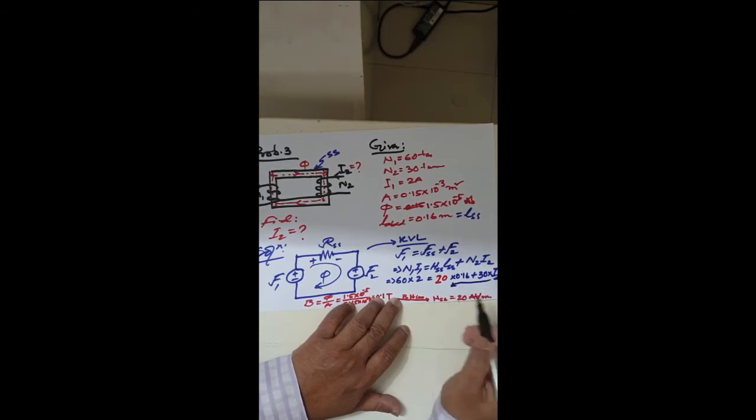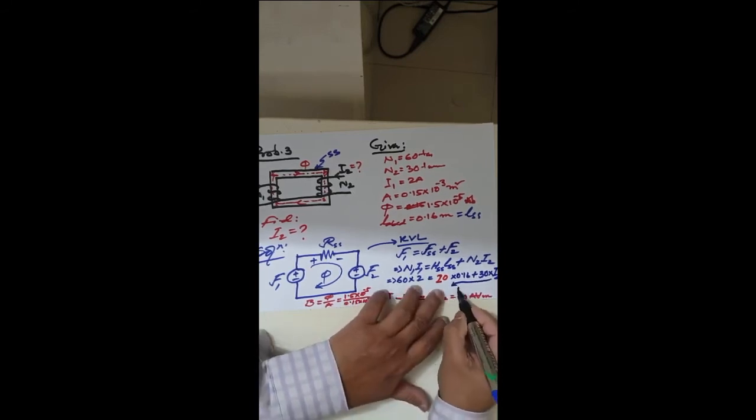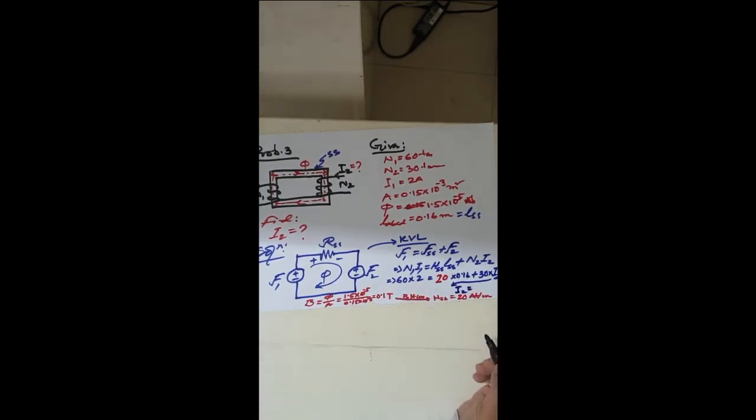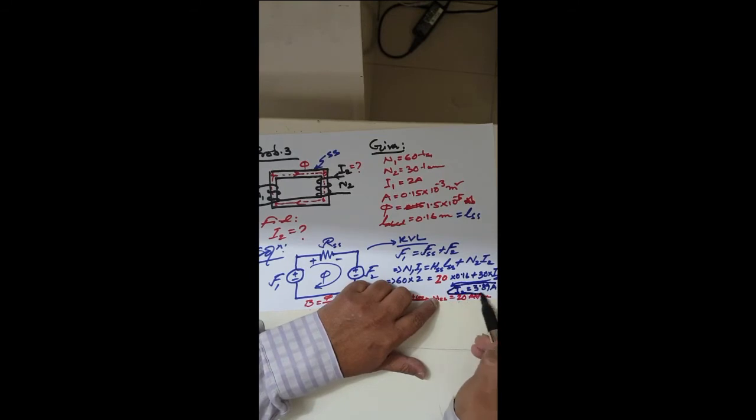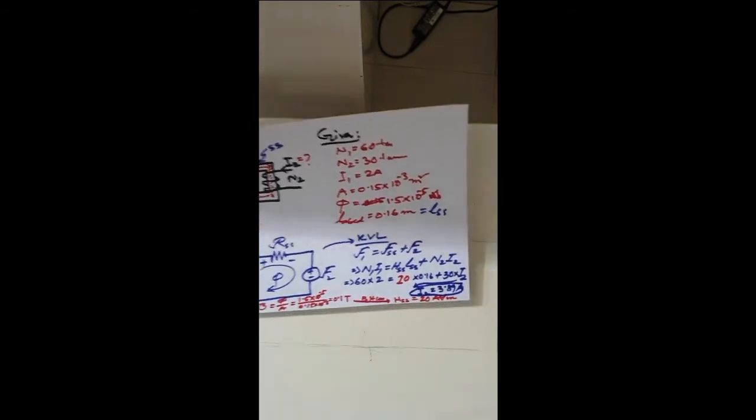If you calculate, your I2 will become 3.89, something like that, 3.89 ampere. So this is going to be your final answer for this problem. This is the way you can solve problem number 3 of the lecture note I have sent to you.